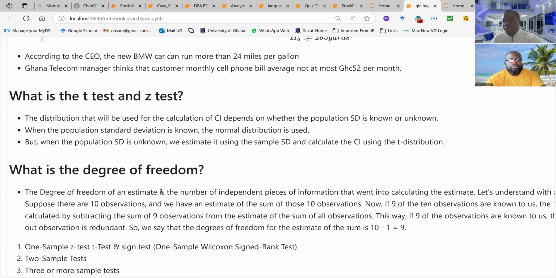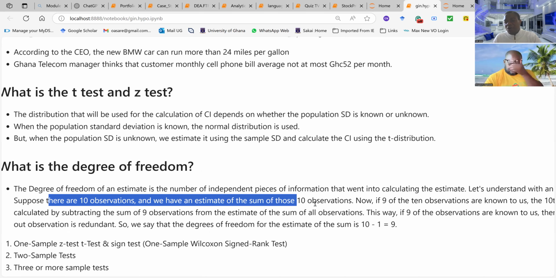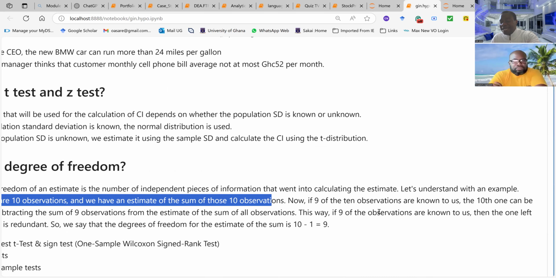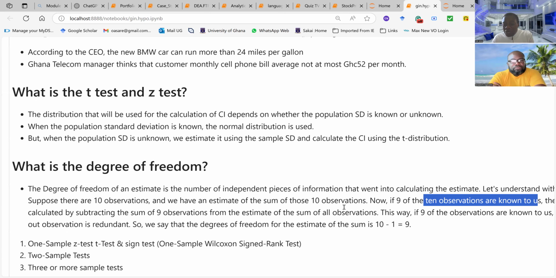And you can look at it with this example, suppose that there are 10 observations and we have an estimate of the sum of 10 observations. Now, if 9 out of the 10 observations are known to us, but the 10th one cannot be known, you can find the 10th one by subtracting the sum of the 9 observations from the estimate of the sum of all of the observations.